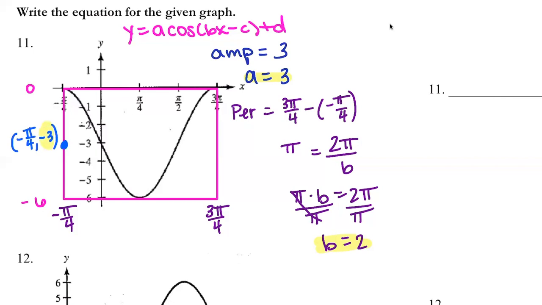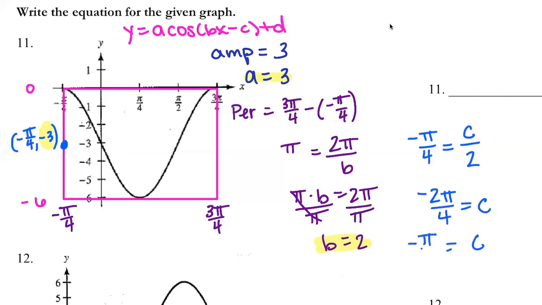But we need to keep in mind that the x-coordinate of our starting point, which in this case is negative pi over 4, is c over b. Well, we know that b is 2, so let's throw that in. Now if we multiply the 2 over to get c by itself, we get c is negative pi over 2.